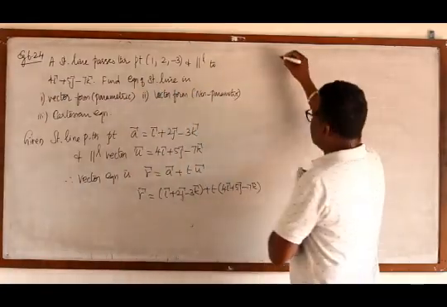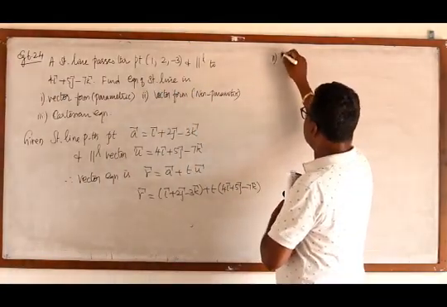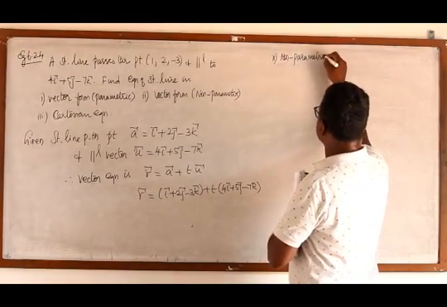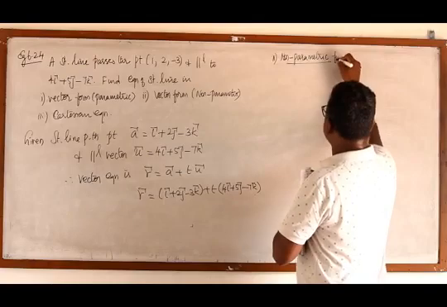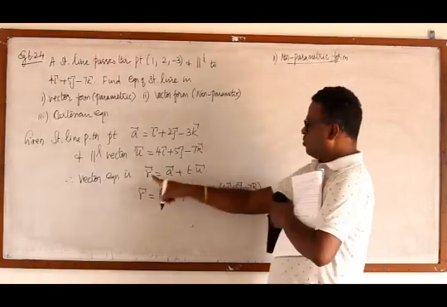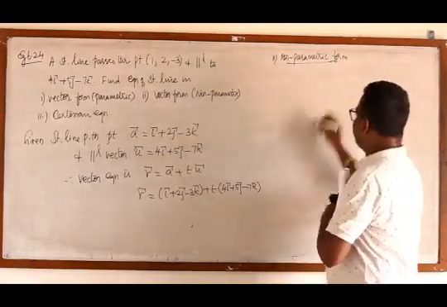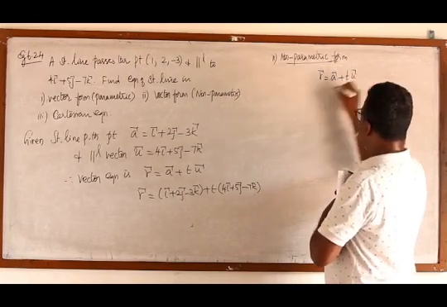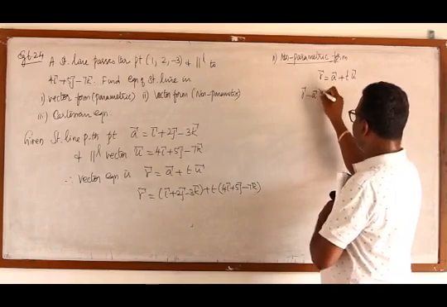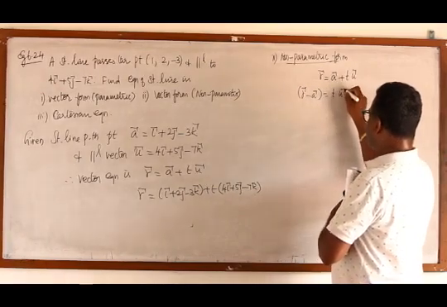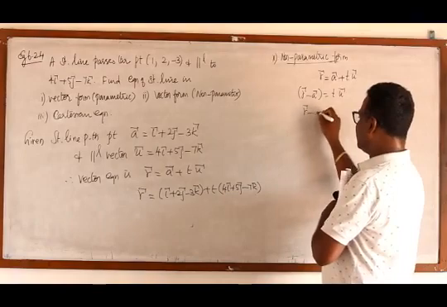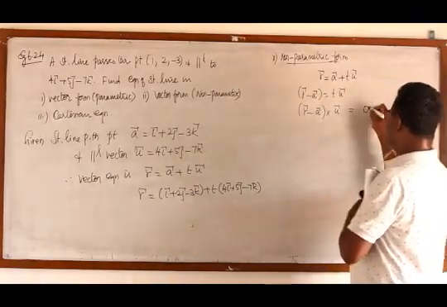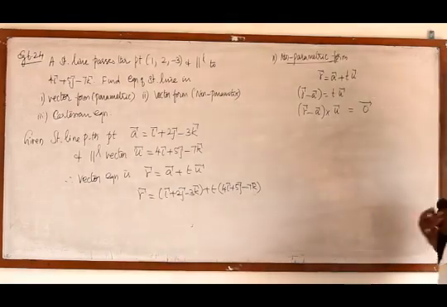Now the second one, non-parametric form. Since one point and one vector are given, r = a + tu. Then r - a = tu. Being the first problem, I am doing all these steps; otherwise we can do it straight away: (r - a) cross u = 0.